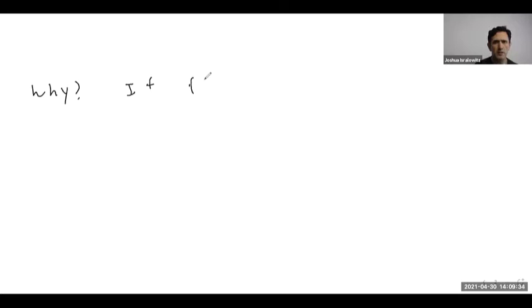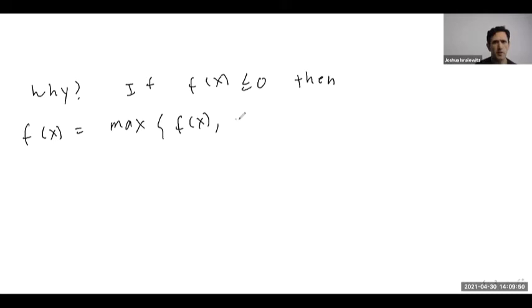There are two cases. If f of x is less than or equal to 0, then f plus of x is the maximum of f of x and 0, and since f of x is less than or equal to 0, 0 is the maximum. F minus is the maximum of minus f of x and 0.